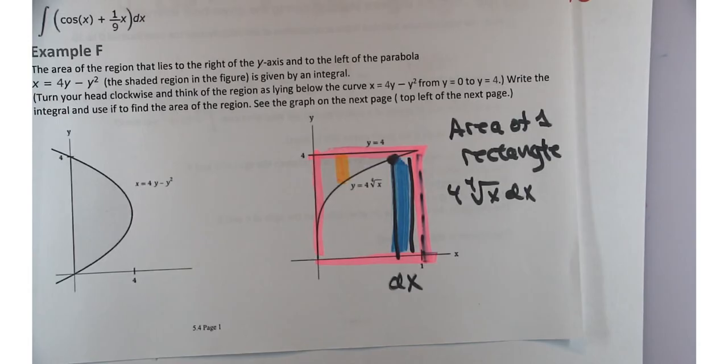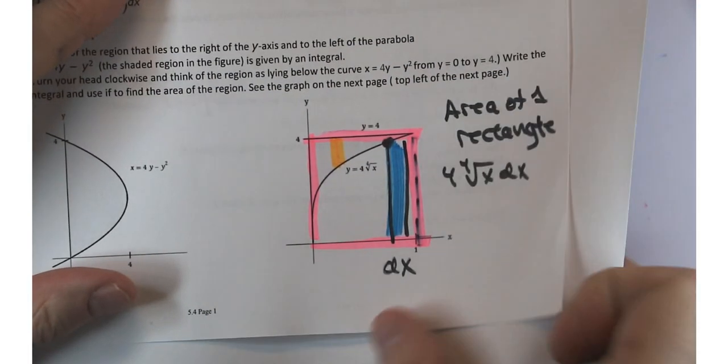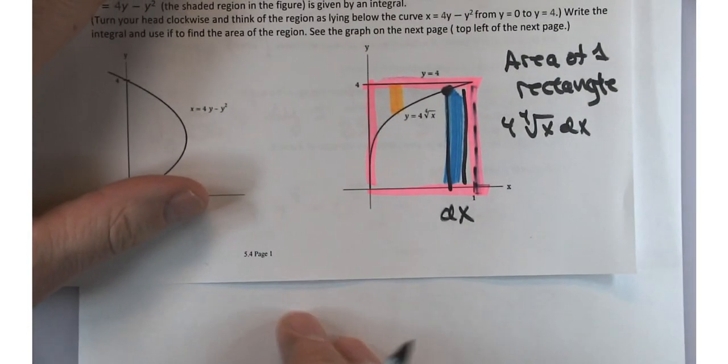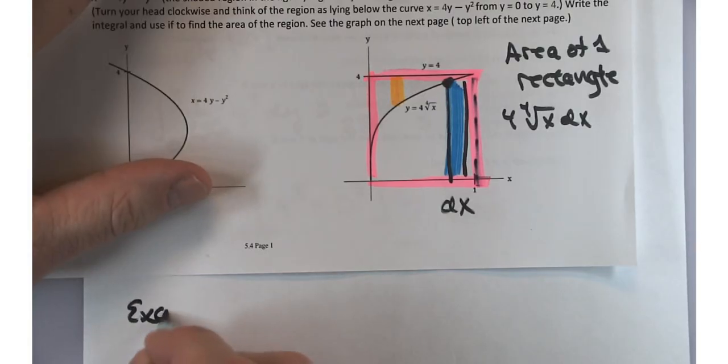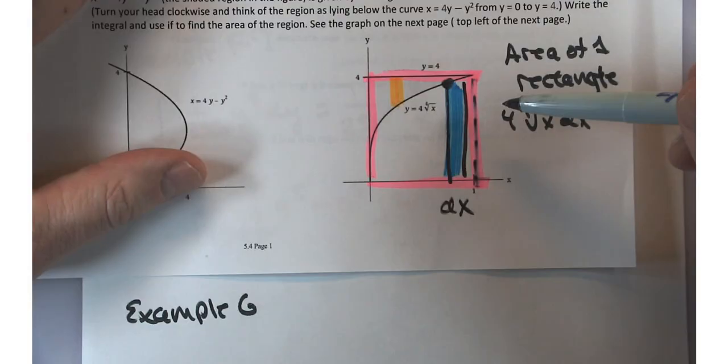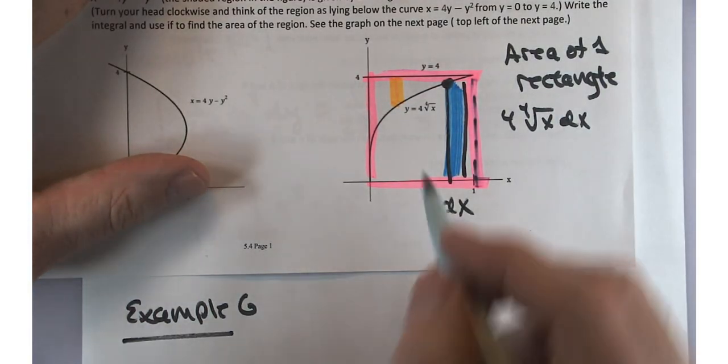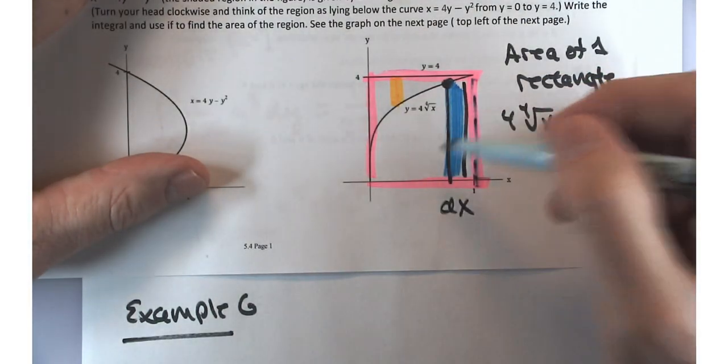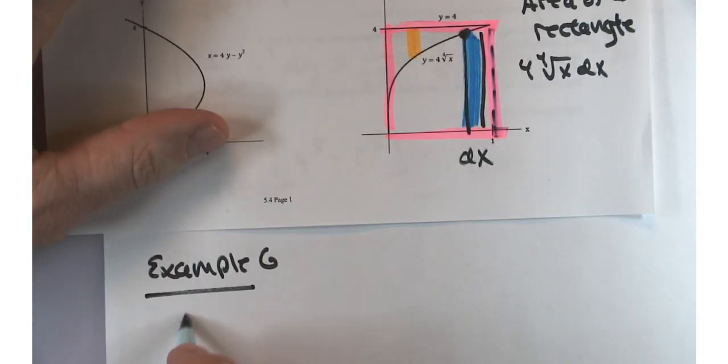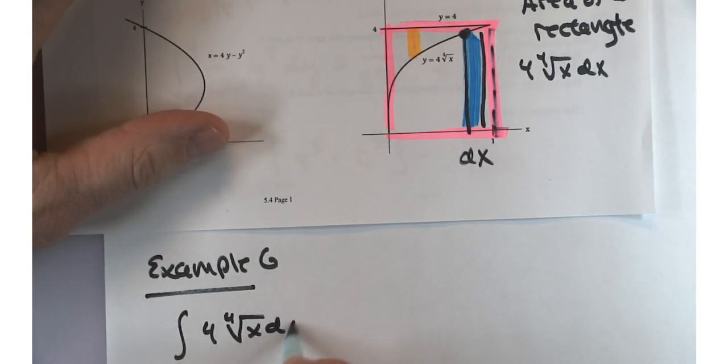Okay. So this is example G here. Let's find the area of this little piece right here. So that's going to be the integral of 4 times the 4th root of x dx.